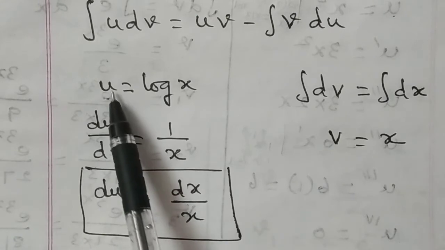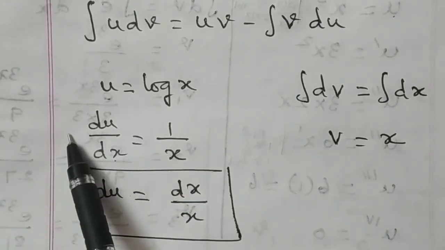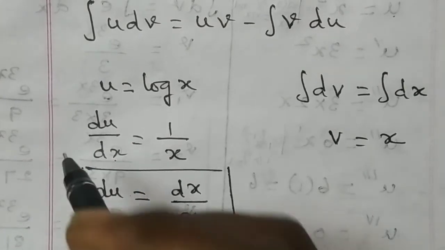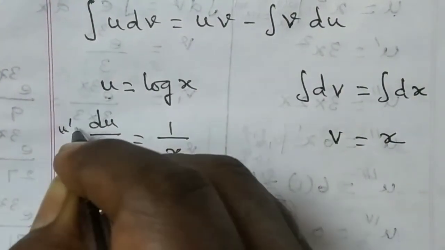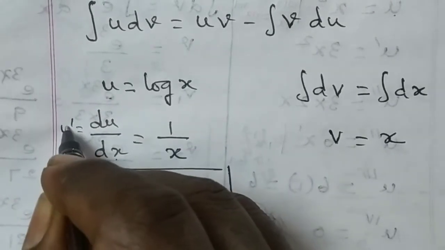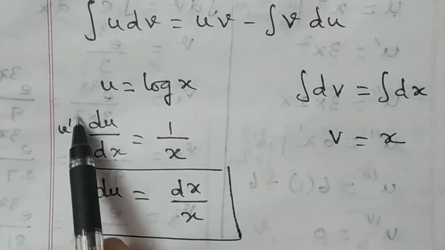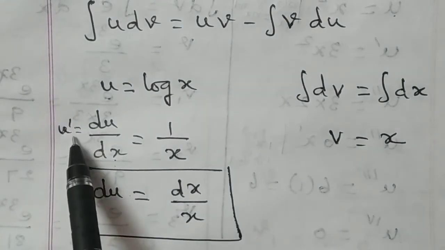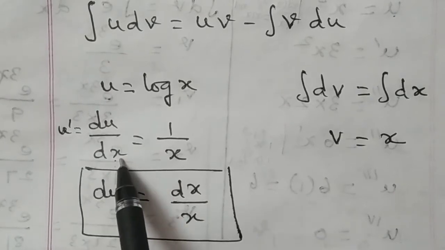In Bernoulli's formula, we denote this term as u dash. U dash is nothing but du by dx.